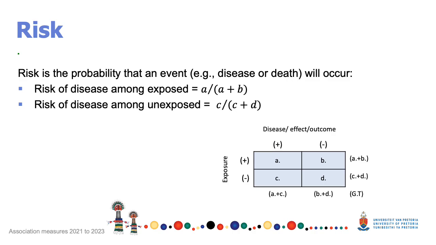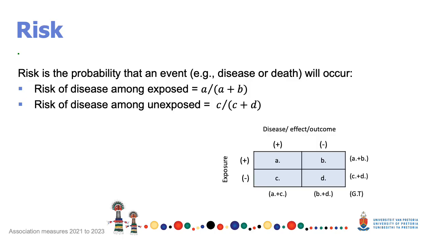Remember, we spoke about risk in a previous video. Well, it's coming back now. Risk is the probability that an event or an effect, a disease or a death and so on, will occur.